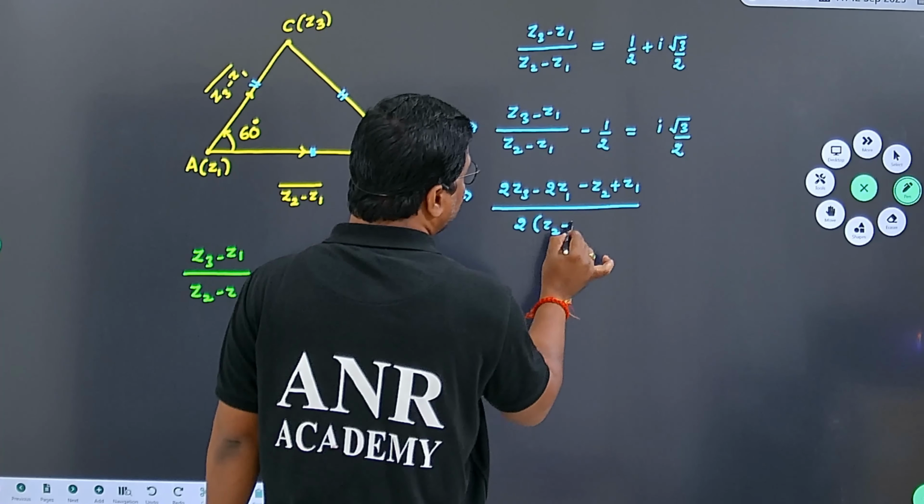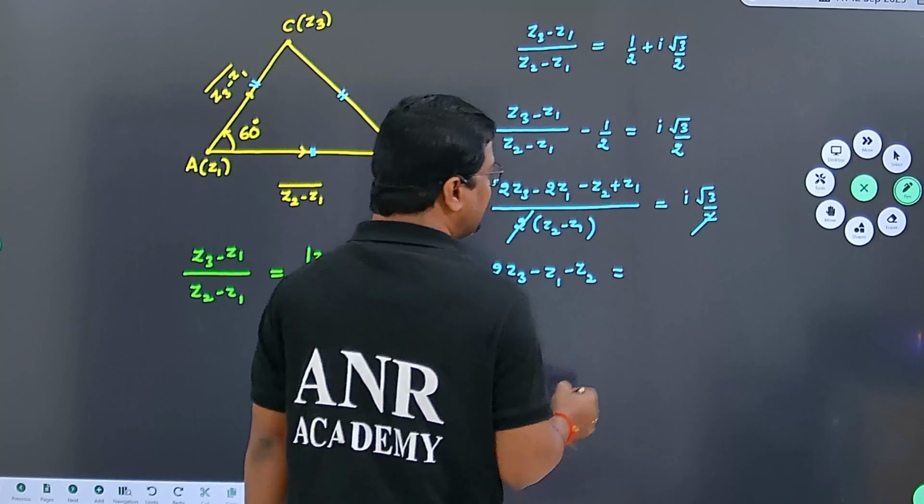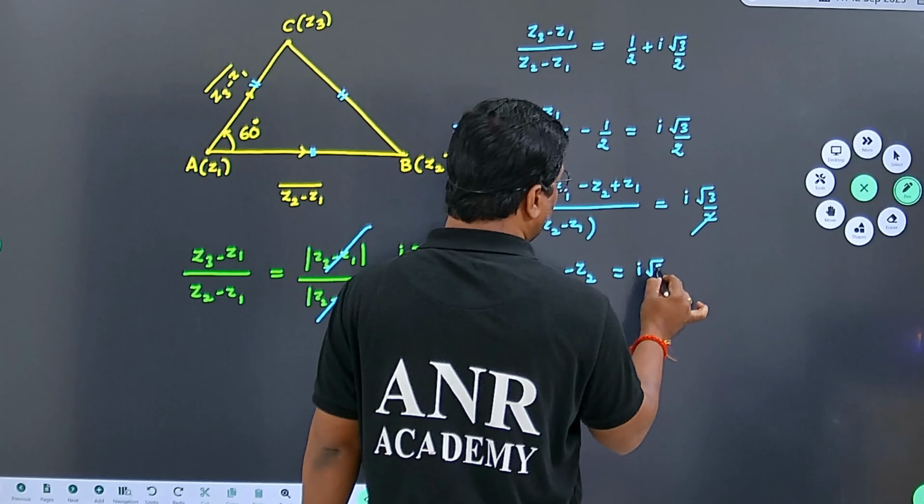And now on cross multiplication, the numerator after simplification is 2 times Z3 minus Z1 minus Z2, that is equal to i into root 3 of Z2 minus Z1. Now applying square on both the sides, observe what happens.